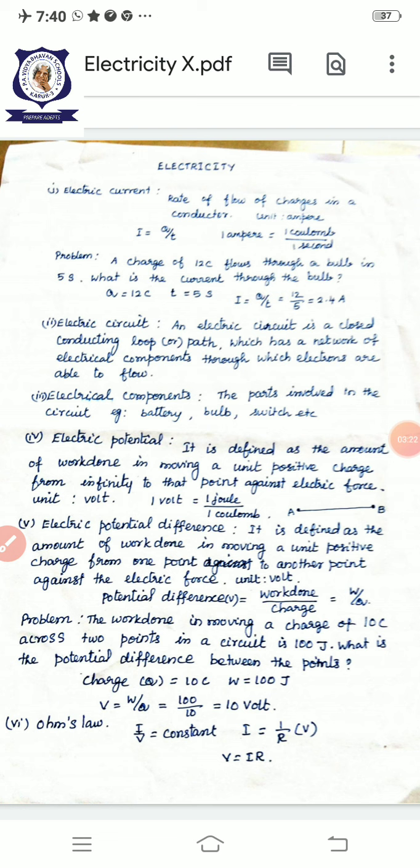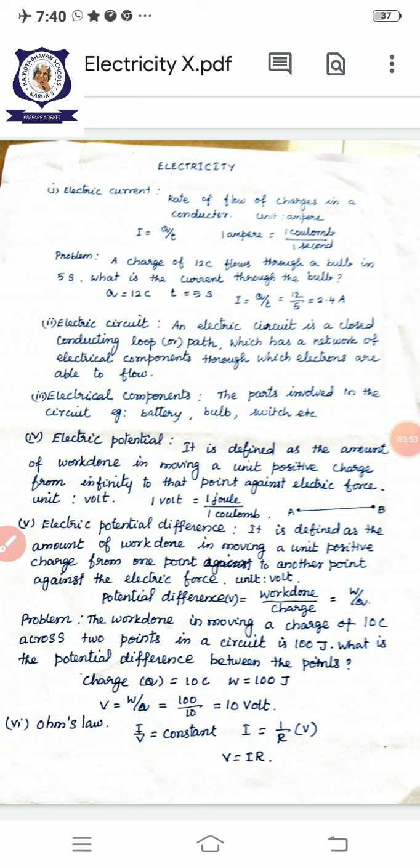We know this: 1 coulomb is equal to 6.25 into 10 power 18 electrons. When 6.25 into 10 power 18 electrons flow, the total charge is called 1 coulomb. So, I is equal to Q by T, where Q is charge, the symbol of charge is Q, but the unit of charge is coulomb.